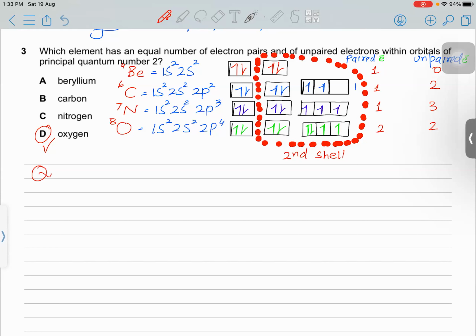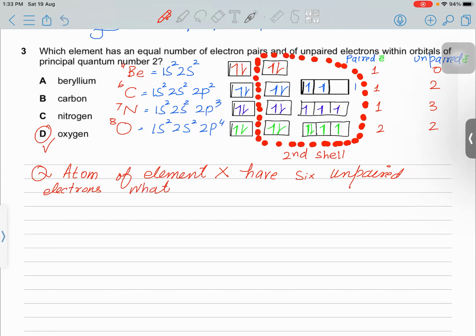The question is: an atom of element X has six unpaired electrons.